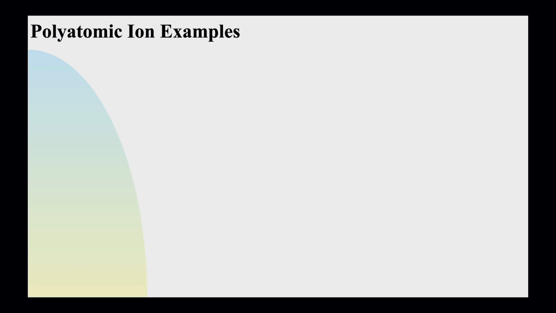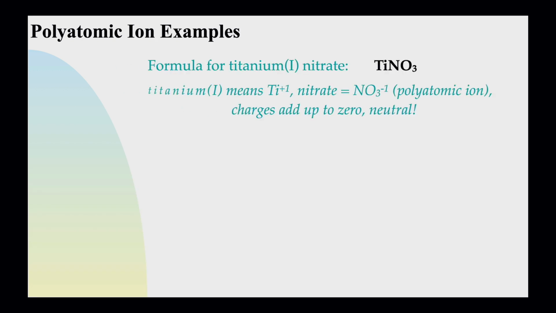Here are some examples of problems you might see with polyatomic ions. Here's an example, TiNO3. This is titanium 1 nitrate. Titanium 1 means that first of all you have a variable charge metal because there's a Roman numeral, and the Roman numeral tells you what the charge is going to be. Titanium, a transition metal here, is going to be +1.